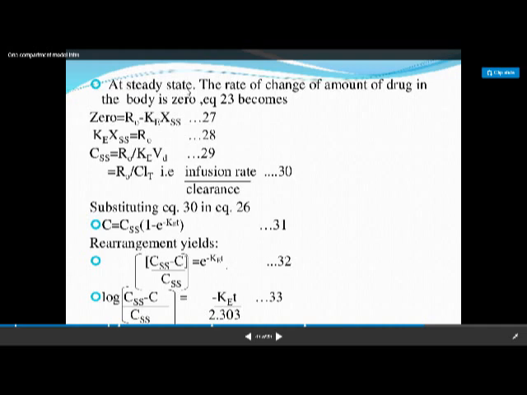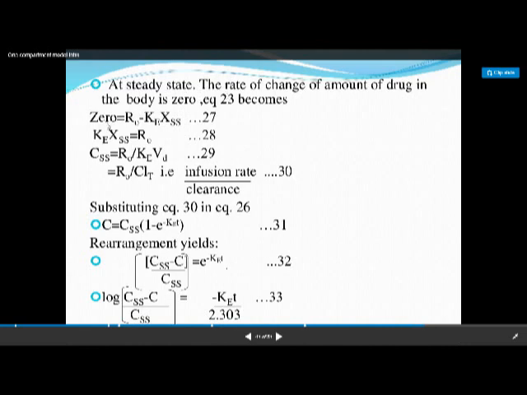So in that steady state, if you consider CSS as the steady state, the rate of change of amount of the drug, that is XSS, in the body is 0, right? Because the rate of absorption is equal to the rate of elimination.